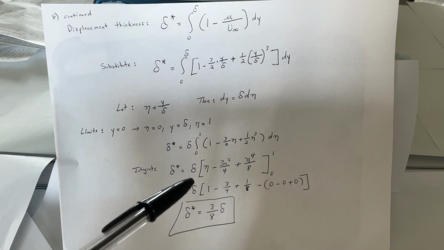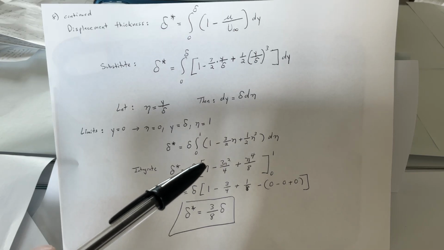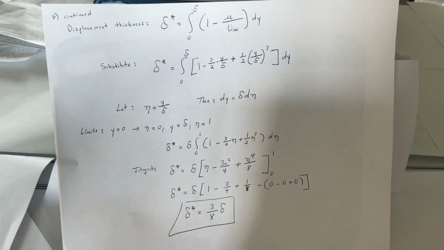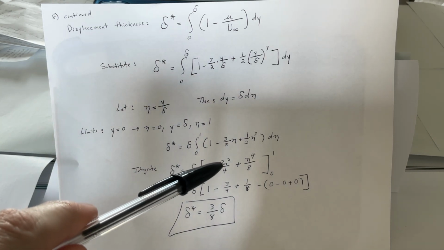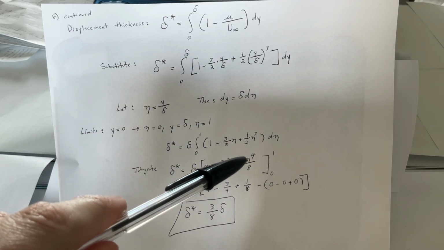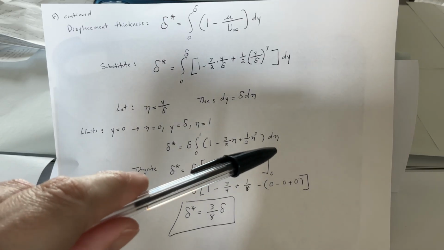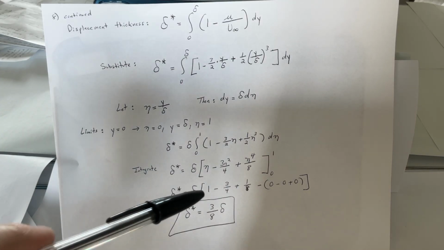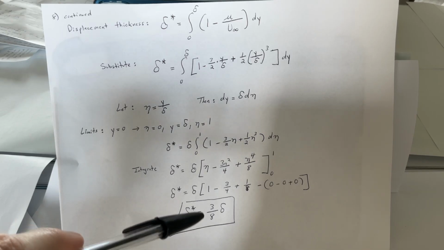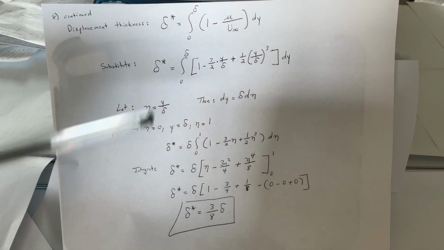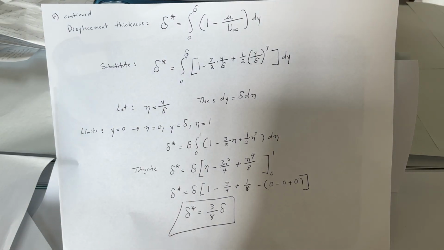Integrating this, this becomes delta times the quantity nu minus 3 nu squared over 4 plus nu to the 4th over 8 from 0 to 1. Just substitute your values, and you're going to wind up with 3/8 delta equals delta asterisk. Okay, so that takes care of number 8.